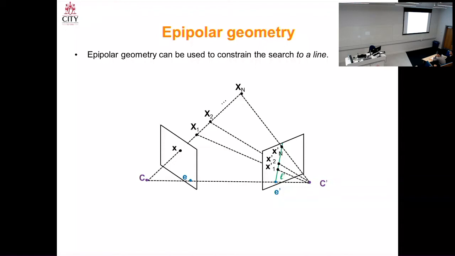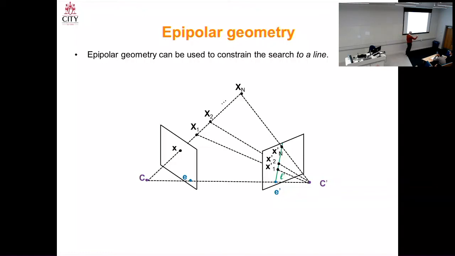I don't know exactly where it is if I'm in the left image and I have this little point X. But I know the corresponding point has got to be on this line somewhere. And if I project that line into the other image, then I only need to search along this line instead of the entire 2D image to find the correspondence, okay?